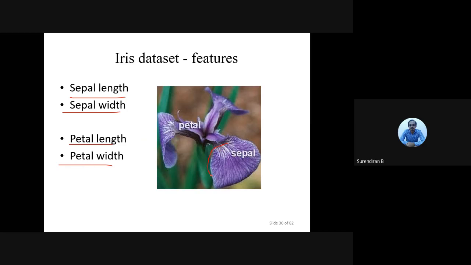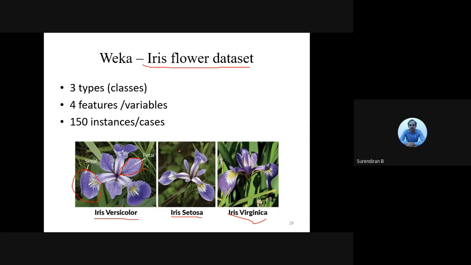This is a sepal, and this is the petal, the smaller one which comes here. Sepal length and width, petal length and width are used as 4 features to differentiate between the 3 flowers.